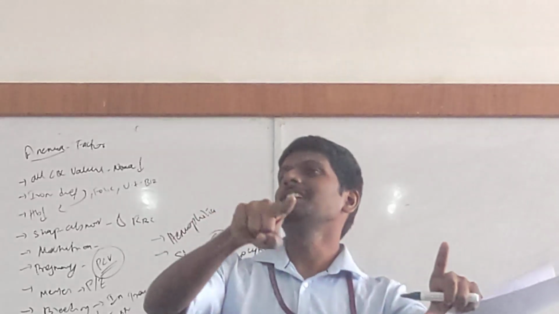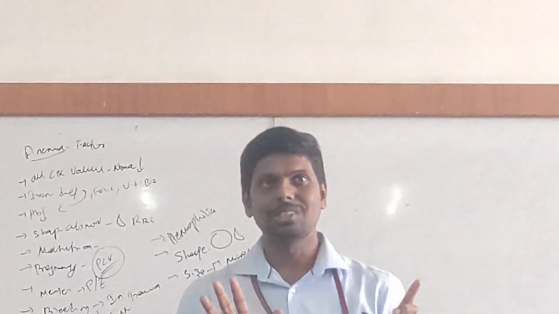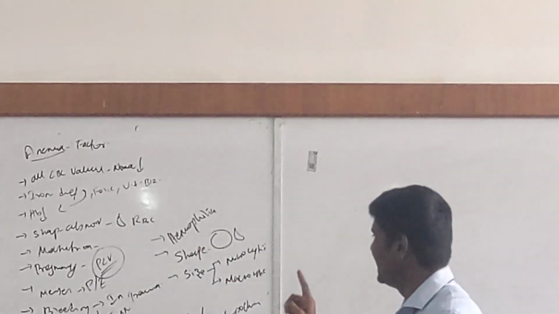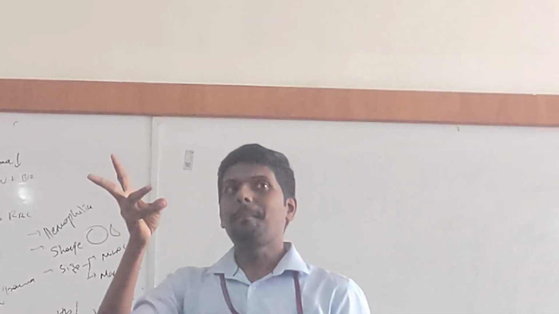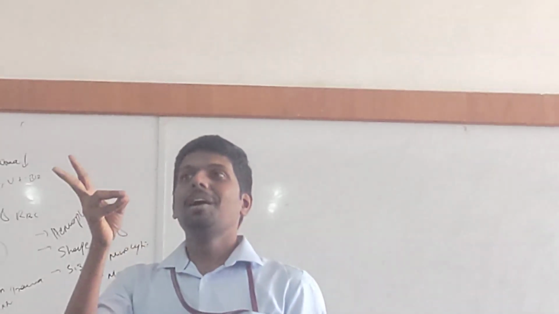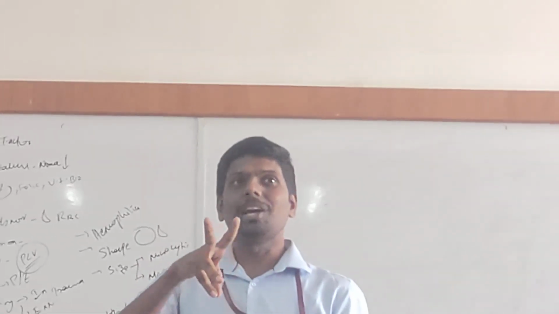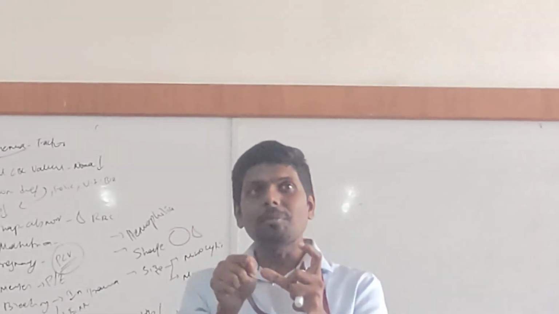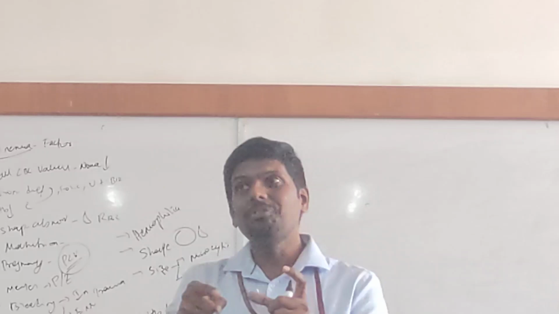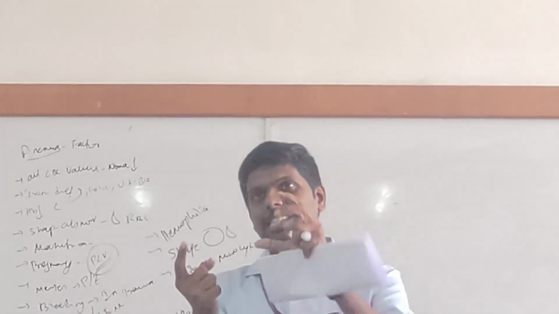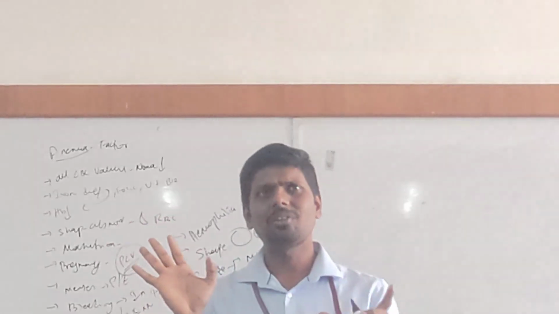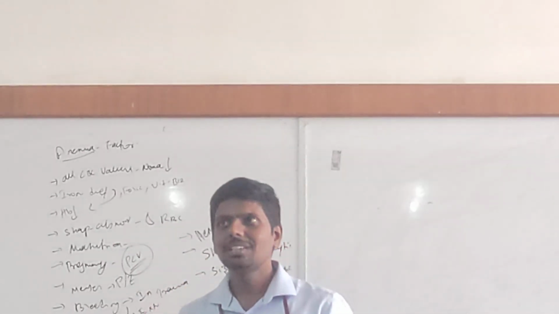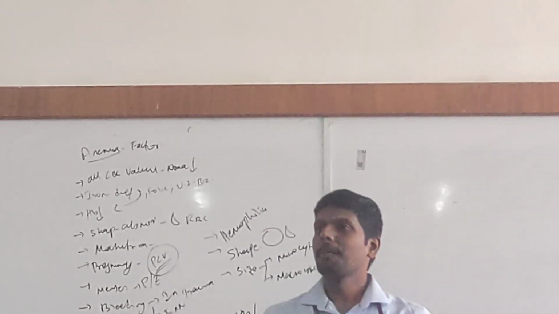Increased cell, increased HB, so it's a normal condition. That is why these are further classified into hypochromic microcytic anemia, normocytic anemia, macrocytic normochromic anemia. So they are further classified depending on their size, HB content and shape. Got it? Very good.